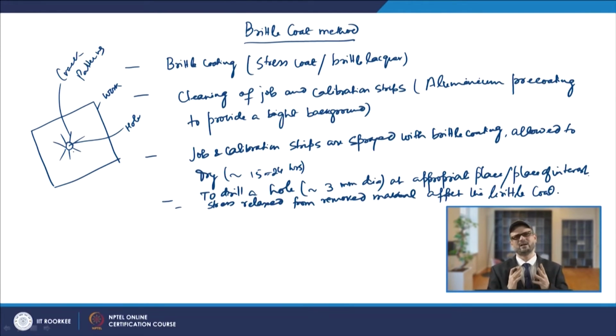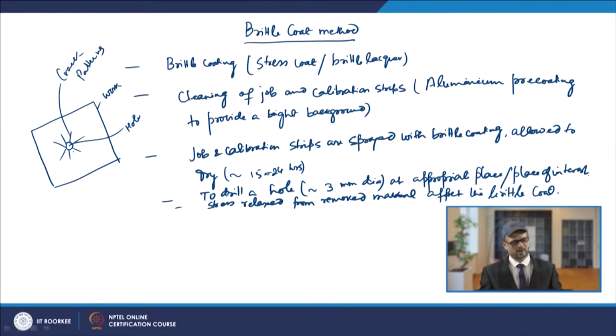Basically, you again have to use the stress-strain relations, because you have strains in different directions. Based on that you can find the stresses from the empirical formulas. So, this is how you use the brittle coat method to find the residual stress in a component.